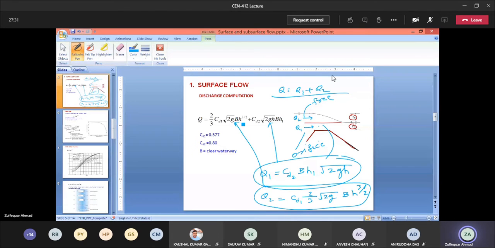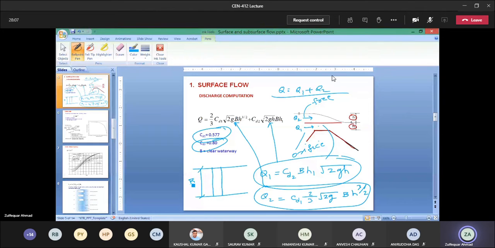The total discharge is this. B is the clear waterway, and a typical value of CD1 is 0.577 and CD2 is 0.8. So have you understood this? Let us say these are the side walls, and here this structure is being provided, having a clear waterway of B. You can get the discharge from this.